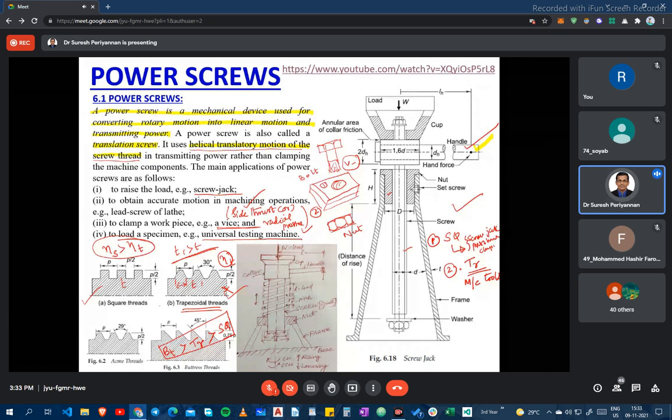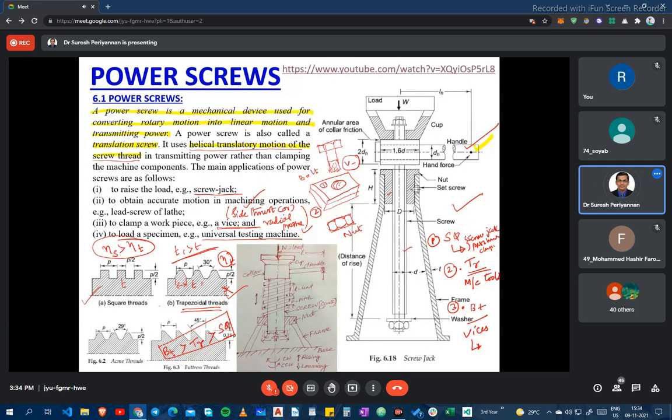Now the last one is the buttress thread. Buttress thread can be used in a vice, a heavy holding vice, where heavy force is to be transmitted. But it operates in only one direction; the reverse direction we cannot operate. That is the major disadvantage of the buttress thread.